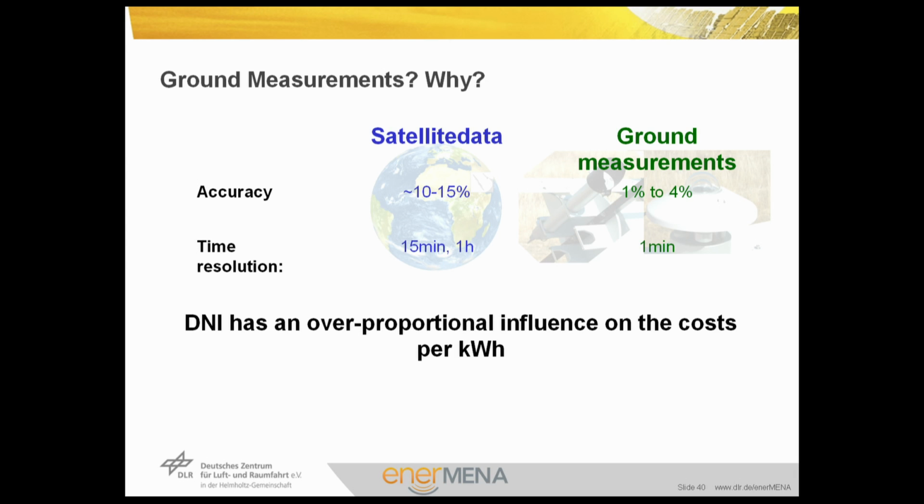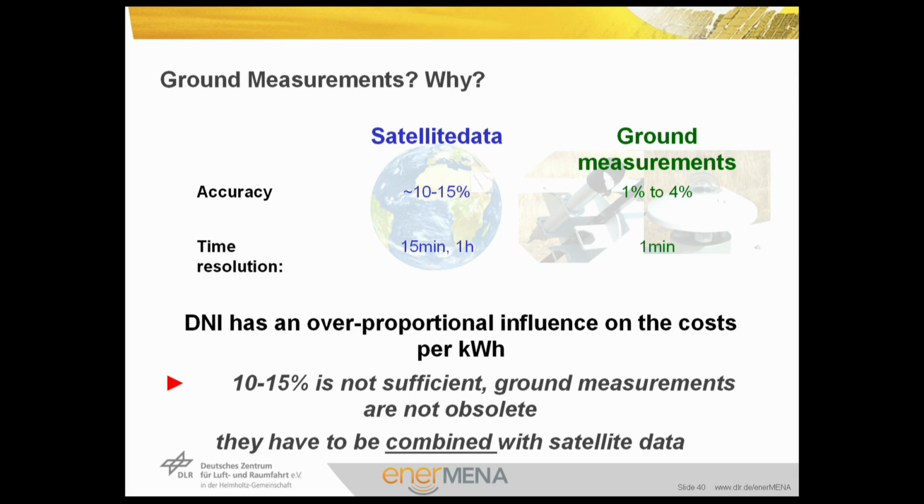Since DNI has an overproportional influence on the costs per kilowatt hour of a CSP plant, we have to say that 10 to 15% accuracy is not sufficient, and therefore ground measurements are not obsolete. Instead, ground measurements have to be combined with satellite data.